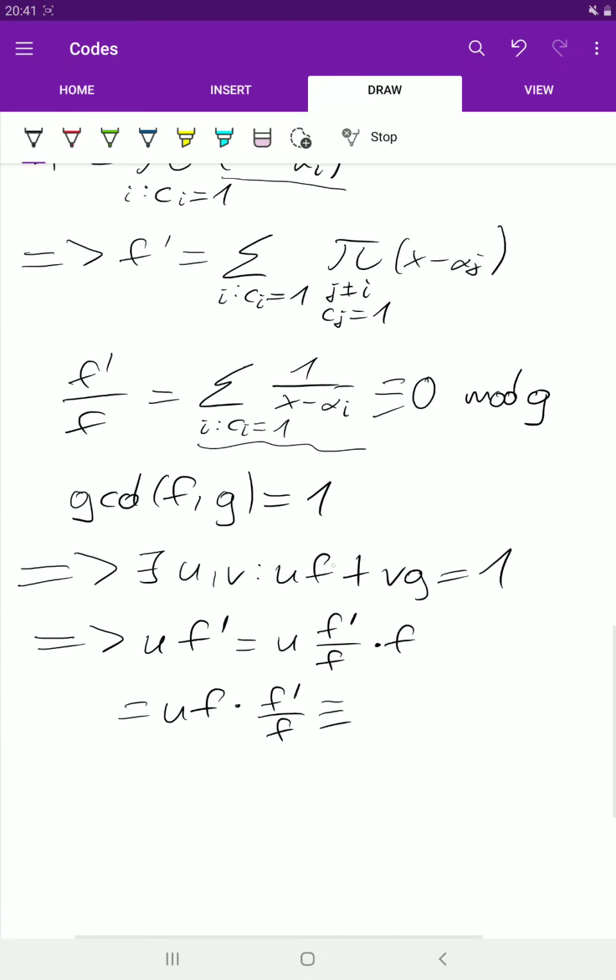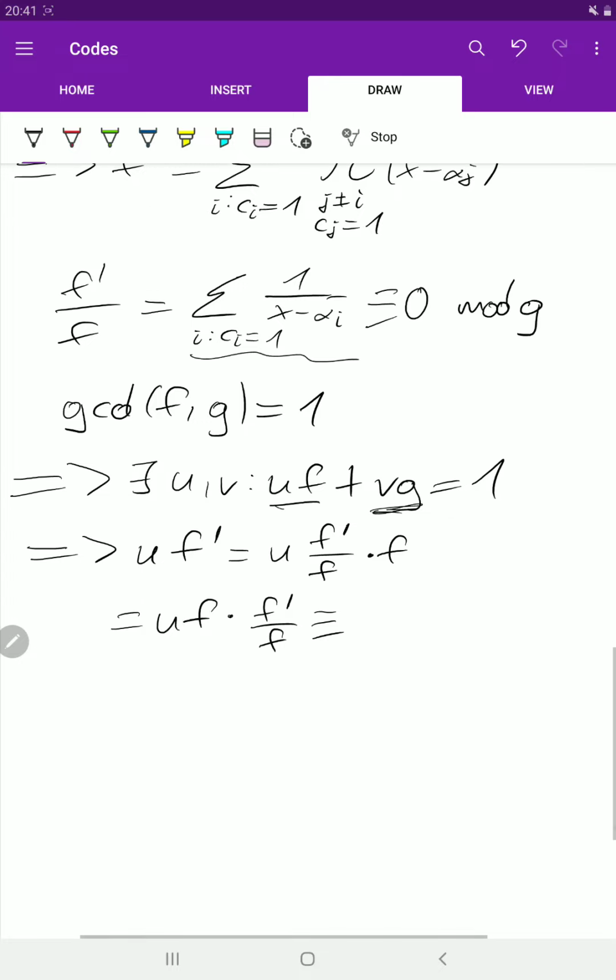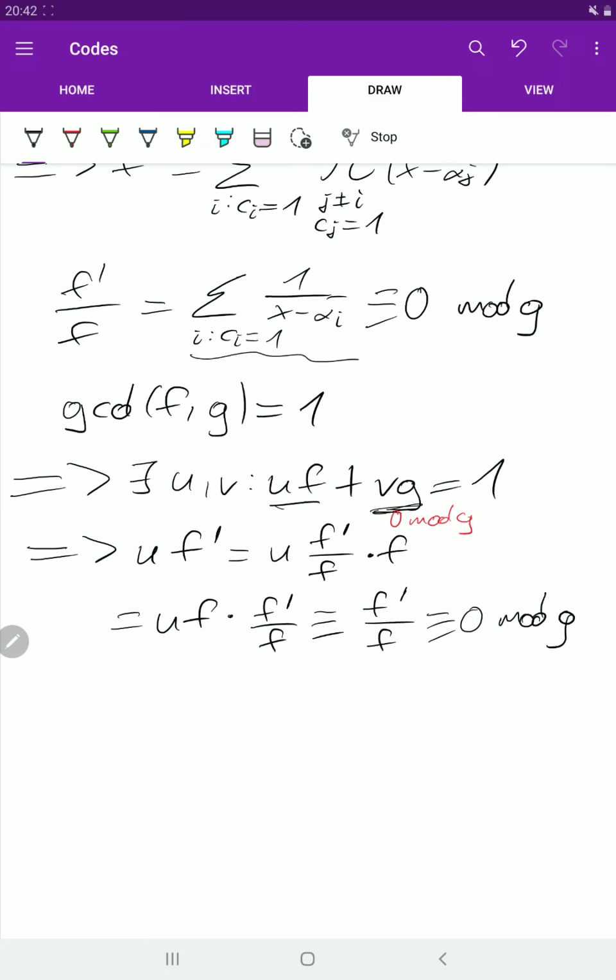We have here uf modulo g, we get 1 because this term is 0 modulo g, the second term. So this is 0 mod g. So we get that uf is 1 modulo g, so we get that this is f prime divided by f modulo g, and we've already shown that this is 0.